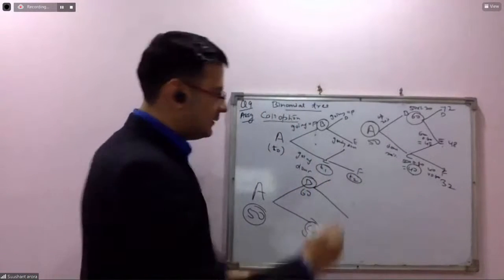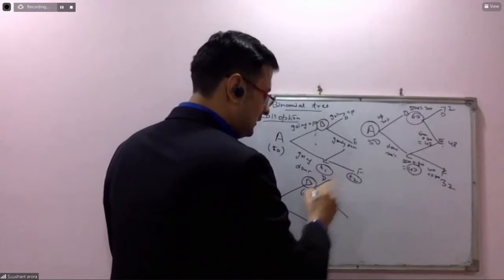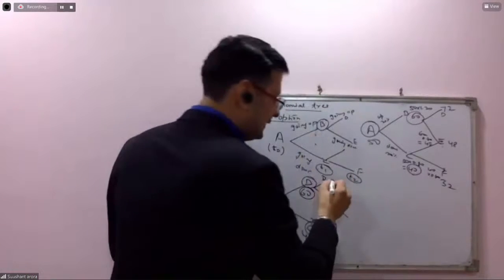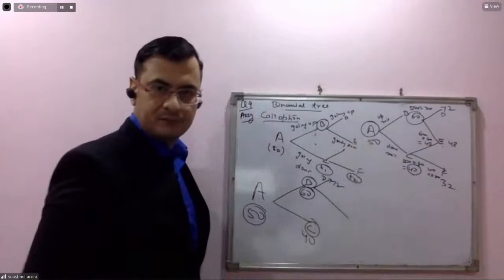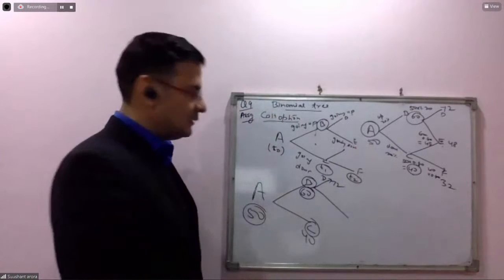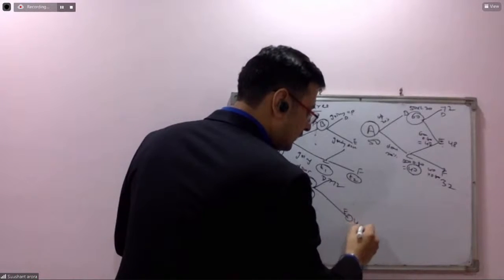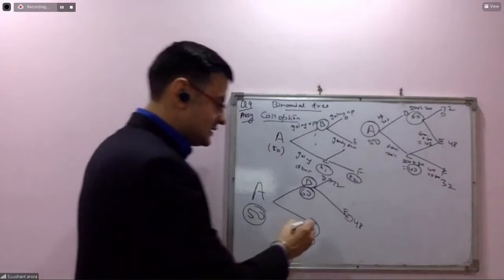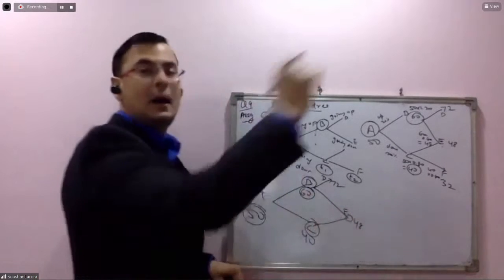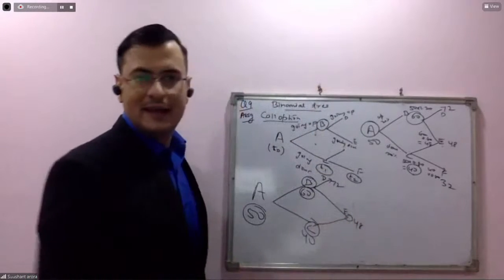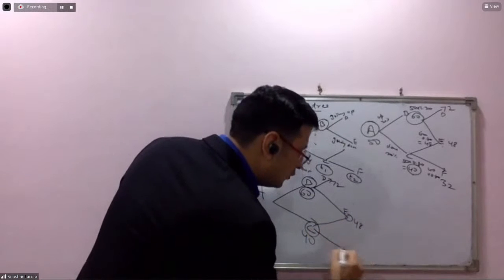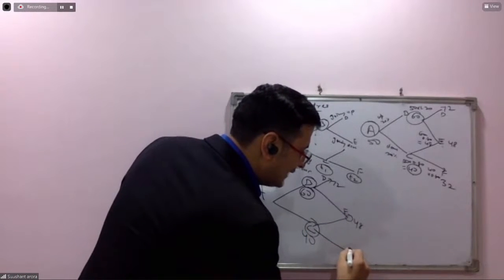Stock price moving up at D: 60 plus 20% is 72. 60 going down by 20% at point E is 48. C's price going up is 48, and price going down at point F is 32.